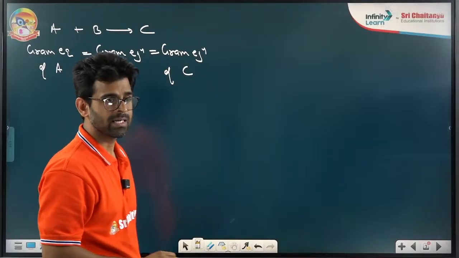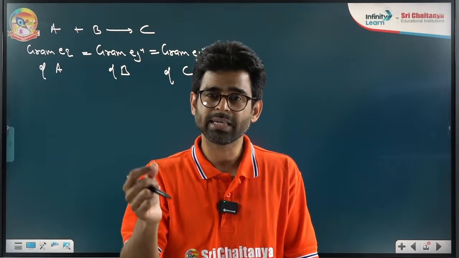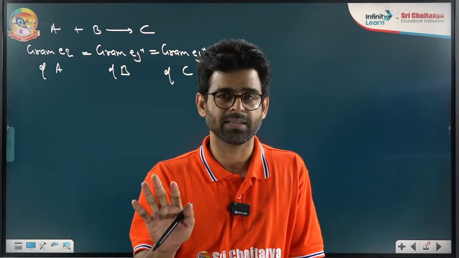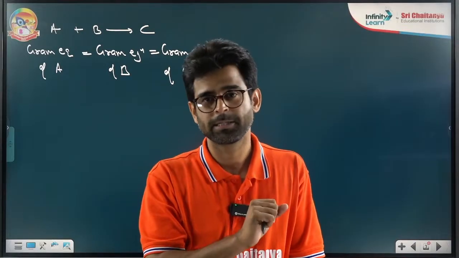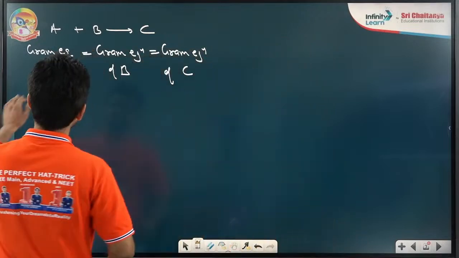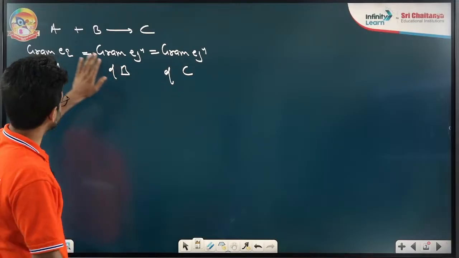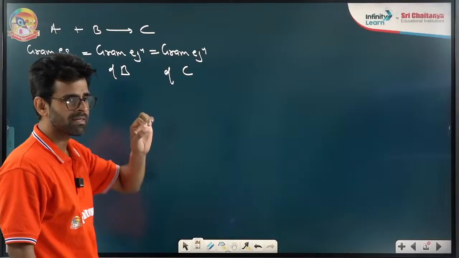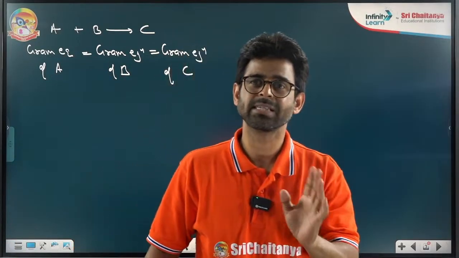In the reaction, if A combines with B and gives something C, I'm not balancing the reaction. I'm not using stoichiometry. I'm using the law of gram equivalence. The law of gram equivalence says that if 5 gram equivalents of A react, I will use 5 gram equivalents of B and it will make 5 gram equivalents of C also.